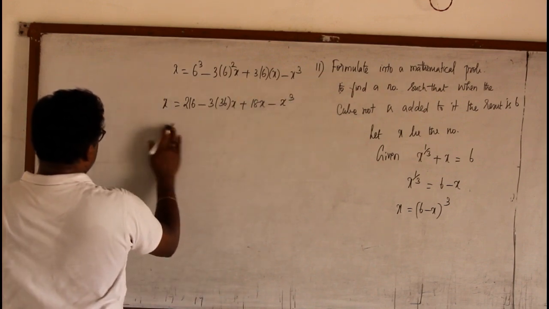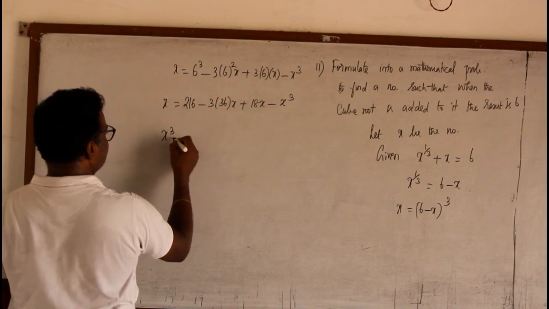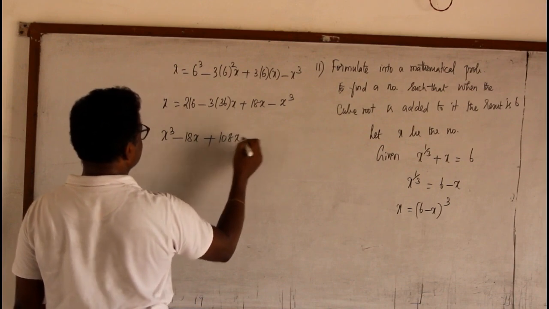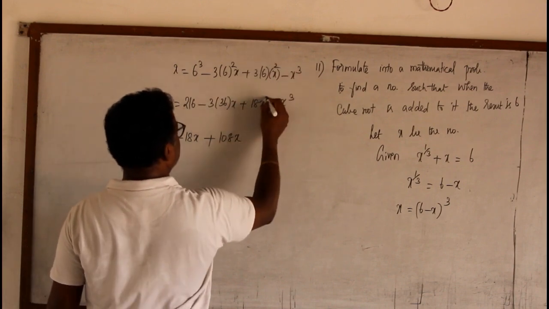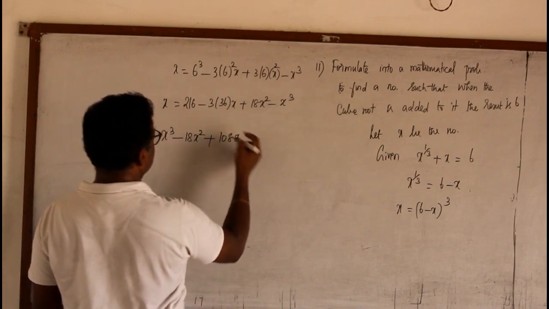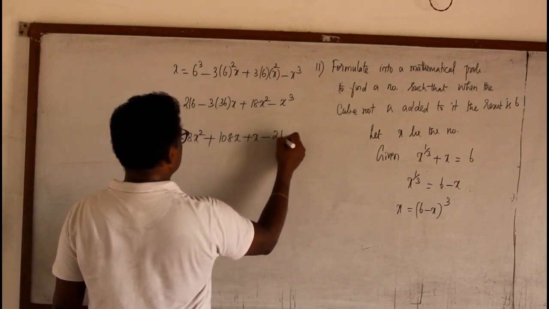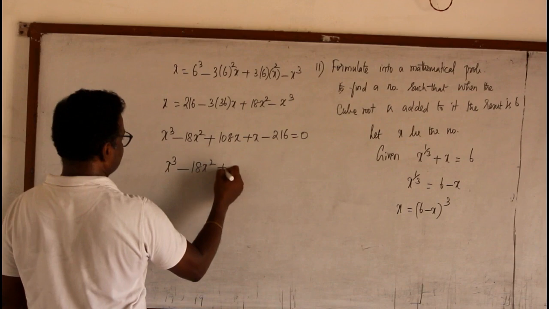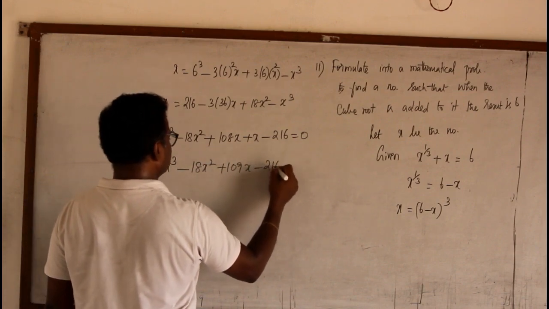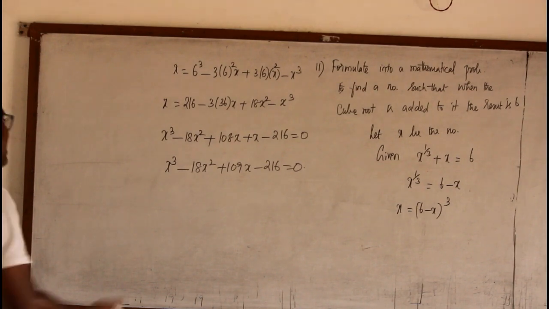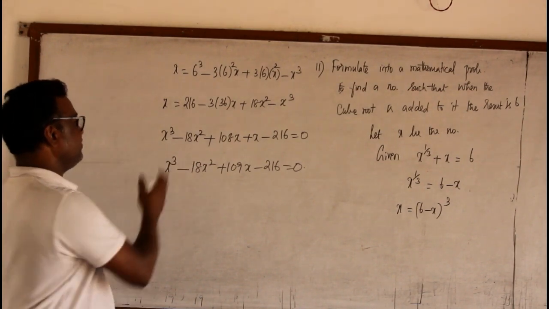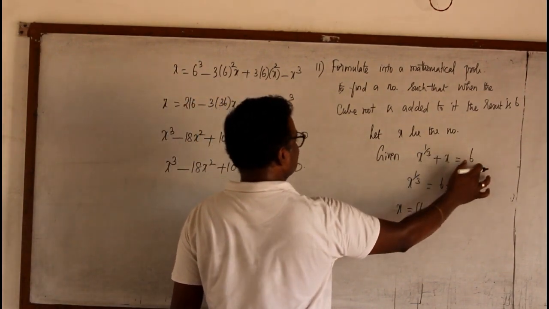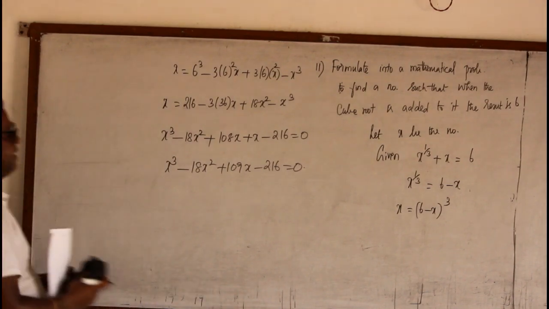Shifting to this side, we get x cube minus 18x square plus 109x minus 216 equal to 0. Therefore the concerned equation is x cube minus 18x square plus 109x minus 216 equal to 0, which is the equation. They need only the equation. So we formulate the equation for which the cube root of that number added to itself gives me 6. This is problem number 11.